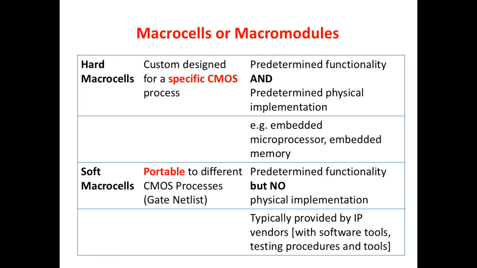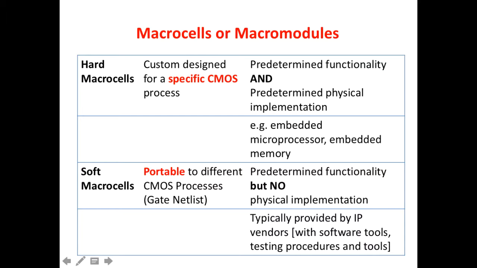Okay, this is something that I already mentioned. I forgot that I had a table for that. I mentioned before that you have two types of macro cells. You can sell basically the gate netlist, the design at the level of a single cell, and in this case we say that you sell a soft macro cell.